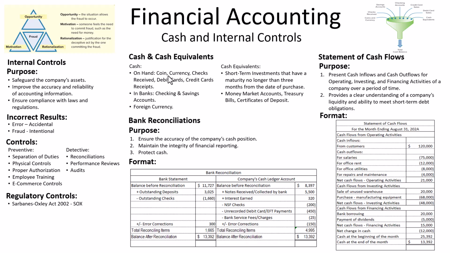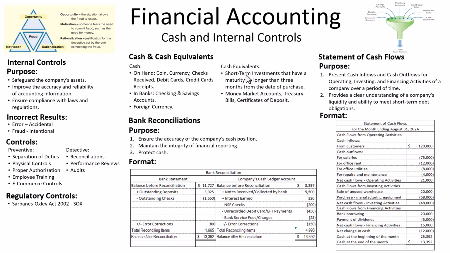Cash on hand is their coins, their currency, the checks they've received, their debit card receipts and credit card receipts. Cash in banks are their checking accounts and savings accounts. Then there's foreign currency, and then finally cash equivalents.